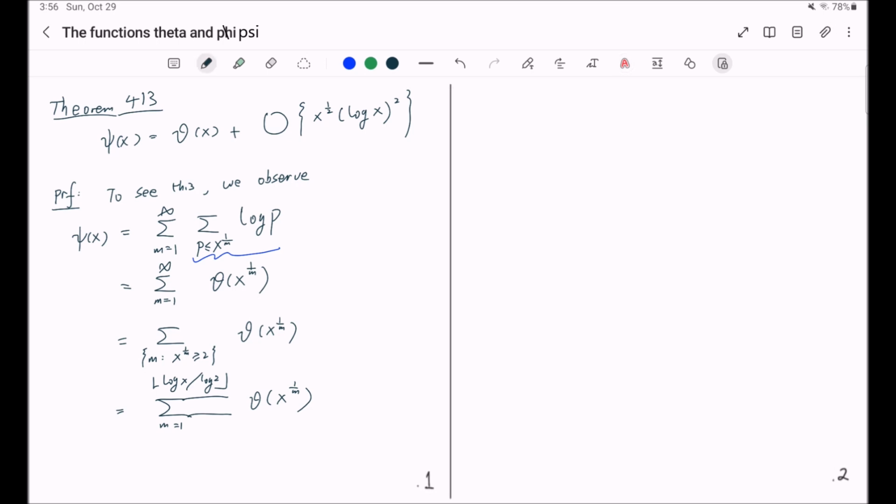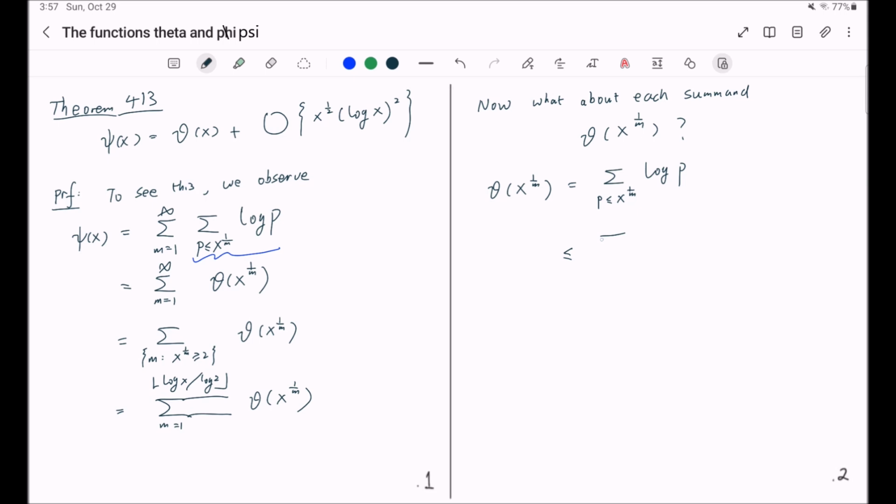And now, what about each summand theta of x to 1 over m? This function equals the summation of log of p's with p less than or equal to x to 1 over m.